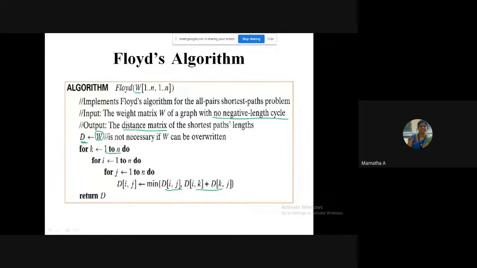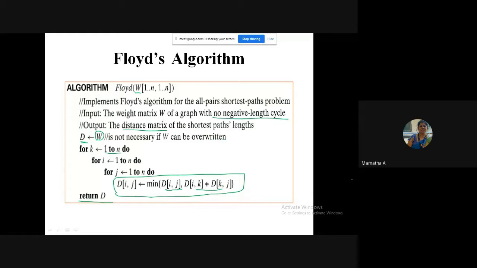Check which is minimum, get updated. And you can observe I have not used any D0, DK and so on. I am using a single matrix and overwriting the same. Then return D. There's nothing different. Only thing is you have to remember this: minimum of D of Ij, comma, D of Ik plus D of Kj.